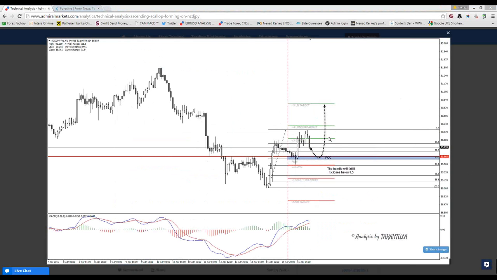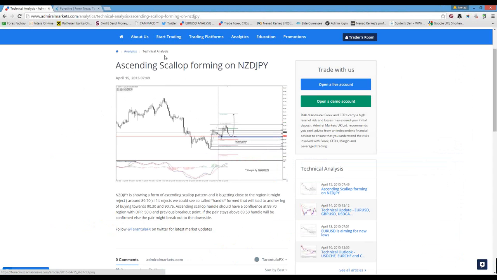Euro dollar and New Zealand yen were in high positive correlation. So when I saw that euro dollar is going up, I was definitely sure that New Zealand yen will also go in the same direction.